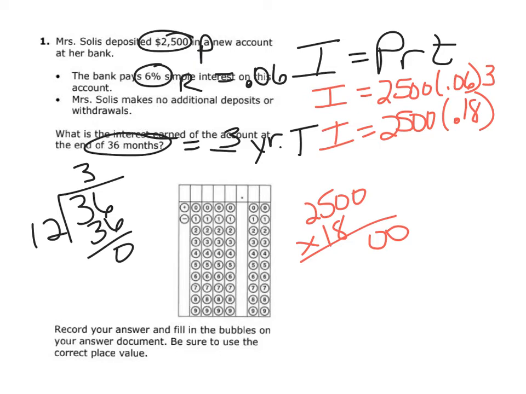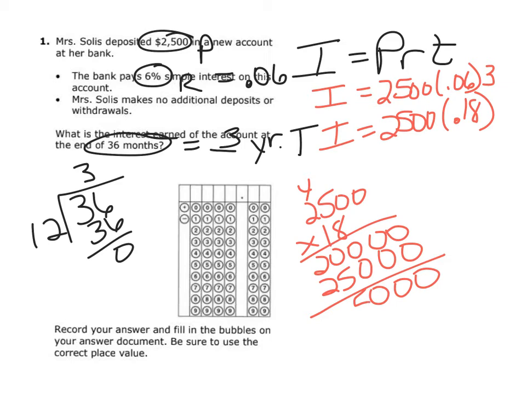So 8 times 5 is 40. 8 times 2 plus 4 is 20. Then add the 2 zeros and an extra 0. So 1 times 5 is 5, and 1 times 2 is 2. So then we go ahead and add them up. So that's 1, 2, that's 4.